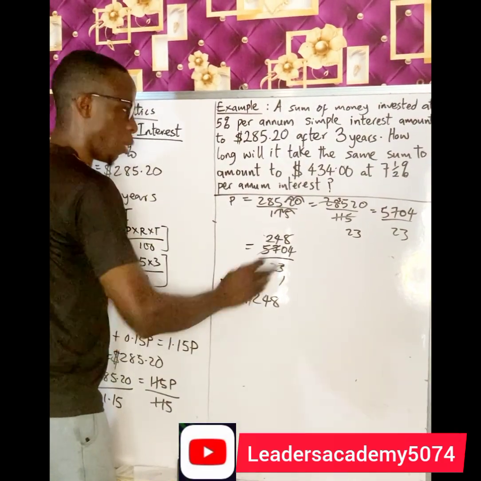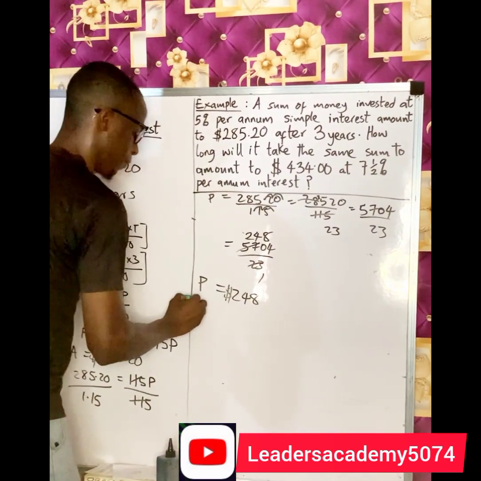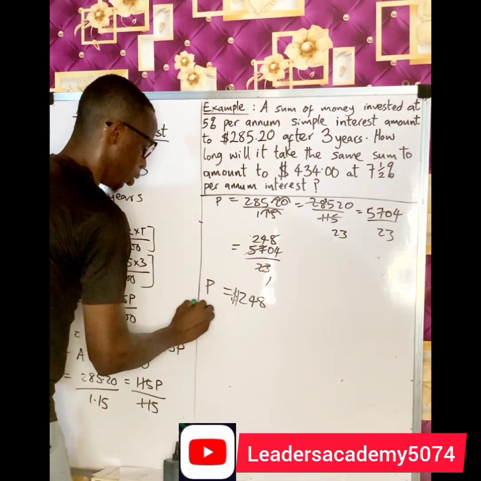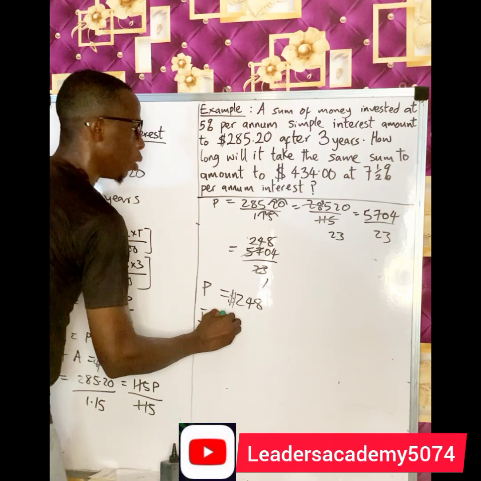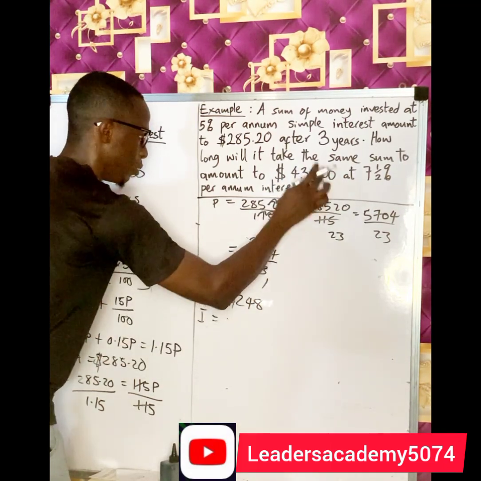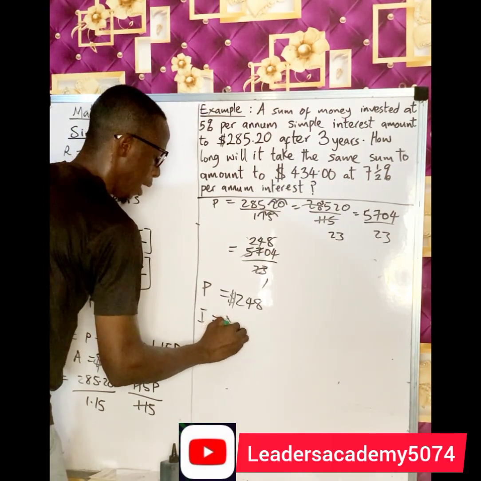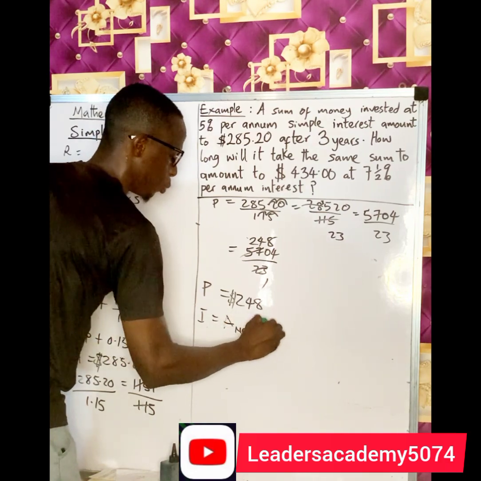For it to amount to this new amount, that means the interest now, this is the second part of the question, will be equal to the new amount minus the principal.